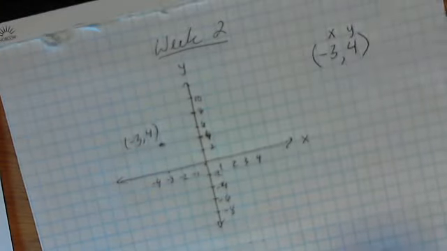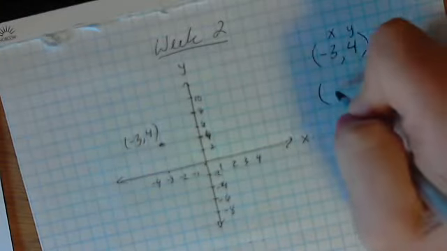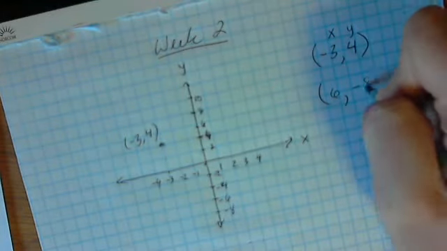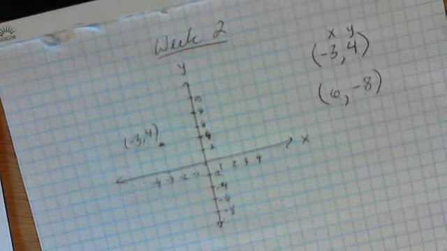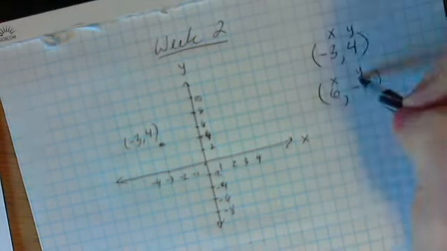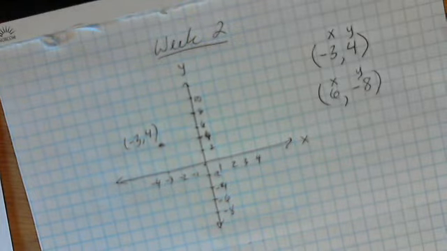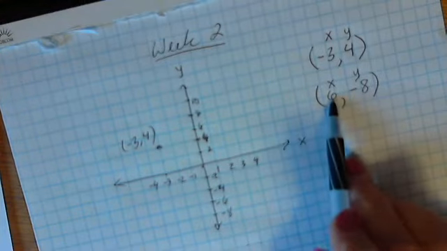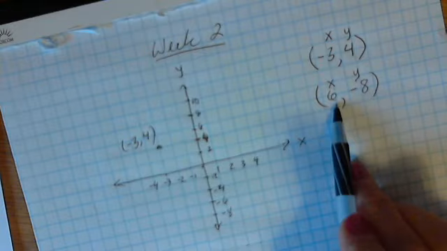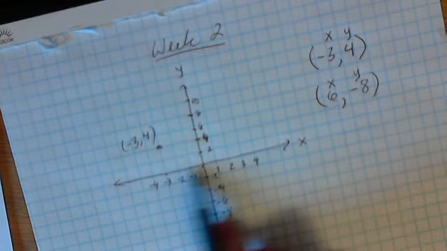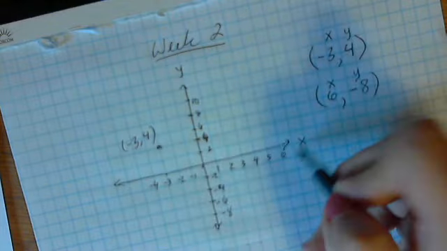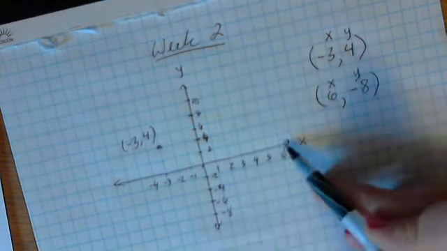Let's plot another point. Let's plot 6, -8. Alright, label them again so you don't forget which of the numbers goes on which axis. And I'm going to go along the x-axis, +6. So my x-axis is here, starting at 0, 0. I want to travel to +6. Let's finish numbering this: 1, 2, 3, 4, 5, 6.